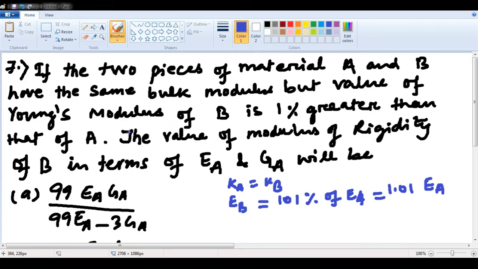Next, the value of modulus of rigidity of B in terms of EA and GA will be how much?